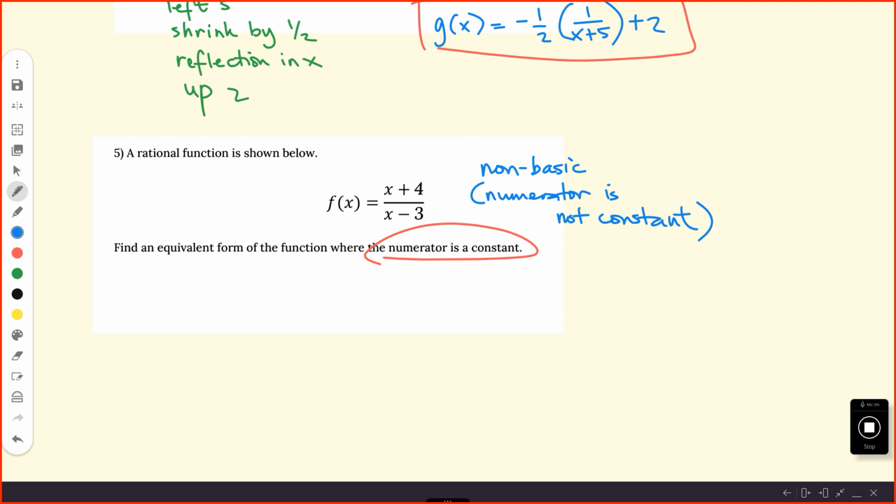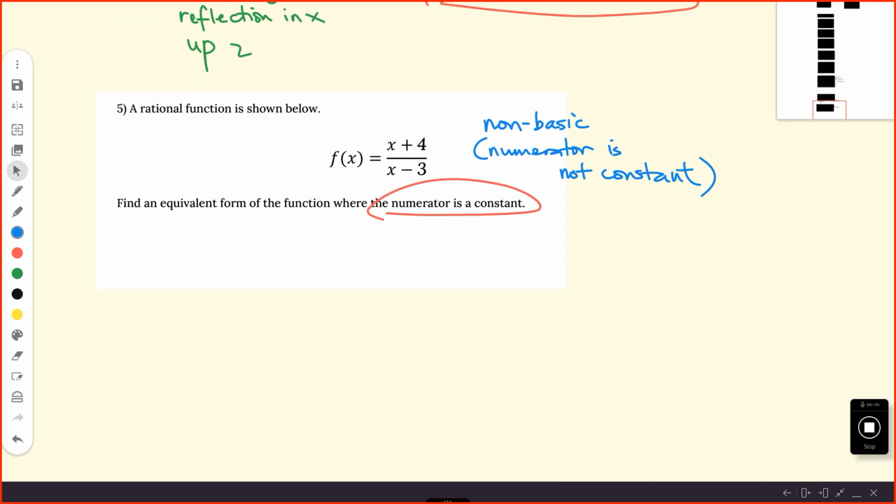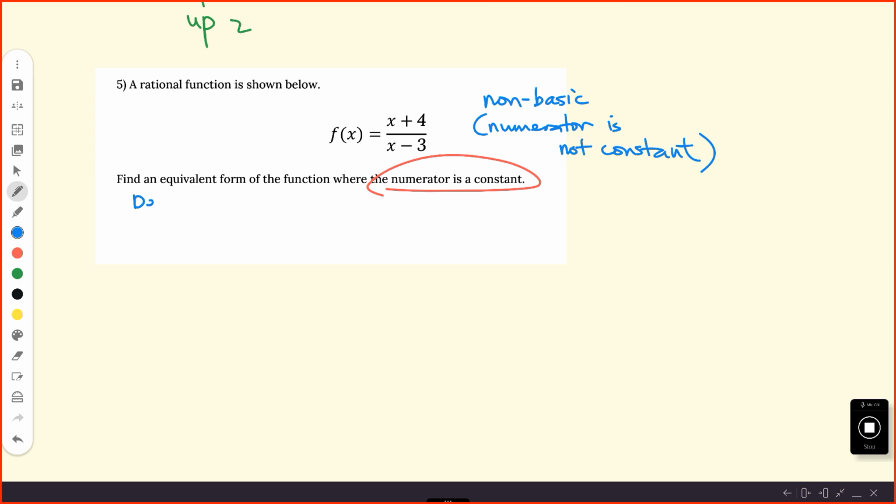Okay. But if you're given this and you're asked to write the transformations of this function, it's easier to have it in a basic rational function because it's easier to determine the features, right? The transformations. So we're going to express this as a basic rational function, and from there we can write all the transformations. Okay? I'm just going to write determine the transformation after we express this as a basic function.